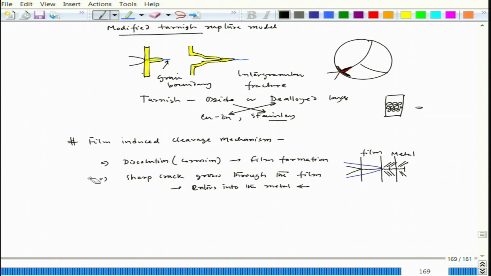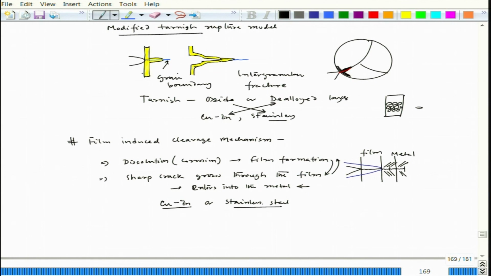So, these two processes will continue and then gradually the crack grows into the metal. So, this is the film induced cleavage mechanism, and this can explain the SCC in case of copper zinc, or stainless steel.